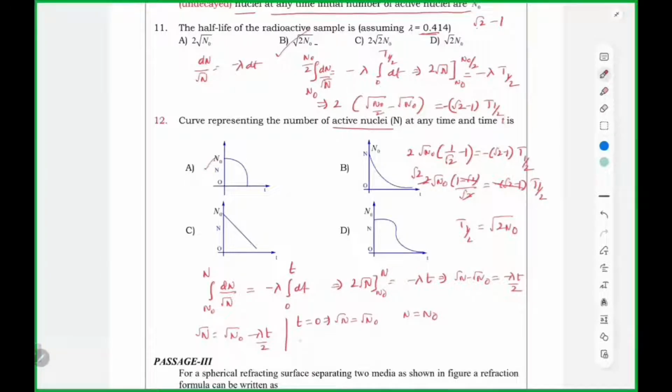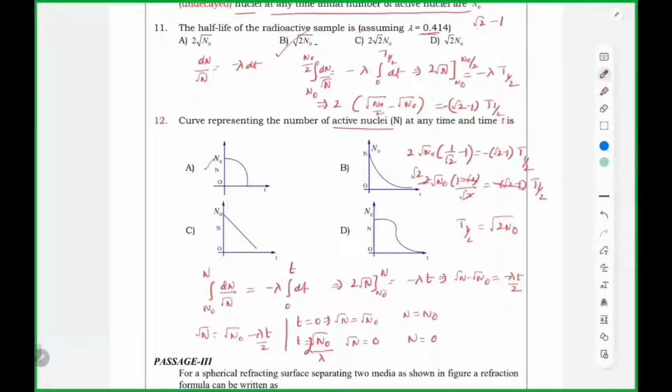So for t equal to 2 root N naught by lambda, root N becomes 0, the number of nuclei becomes 0.